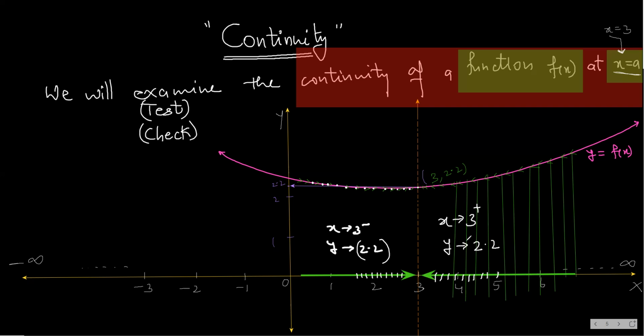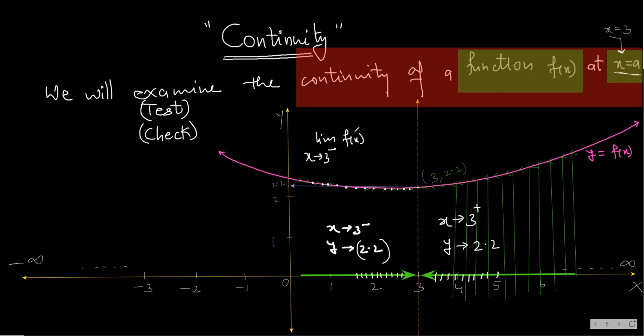So what do you notice here? When x is approaching 3 from left, the function f of x is approaching 2.2. So for this you will write limit f of x when x tends to 3 negative, that is the left hand limit at 3.